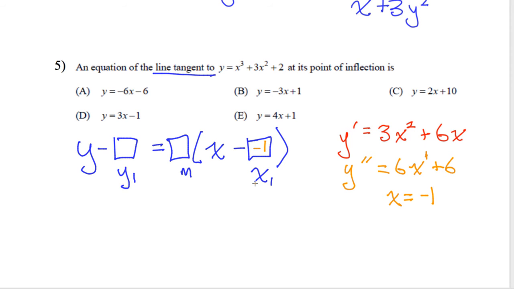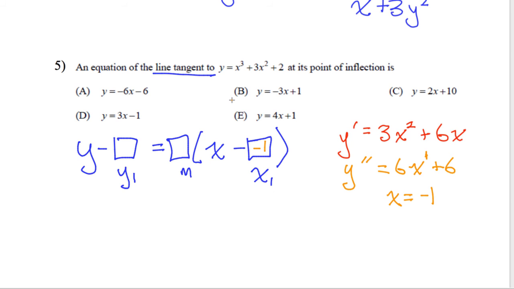X equals negative 1. When I plug in negative 1 into this, let's see here, an equation of the line tangent to this. So I need to plug in negative 1 to the equation. It doesn't matter what my y-coordinate is. I just need to have the correct slope.